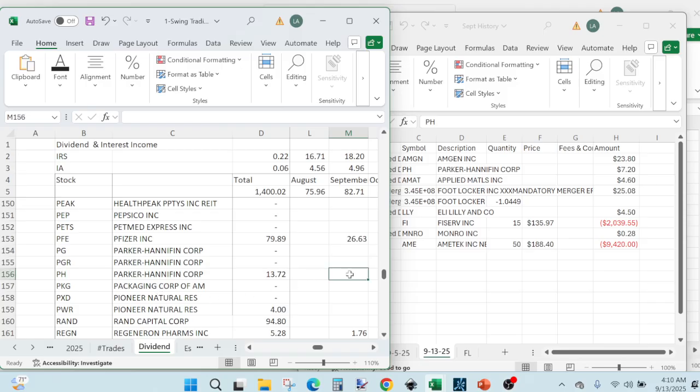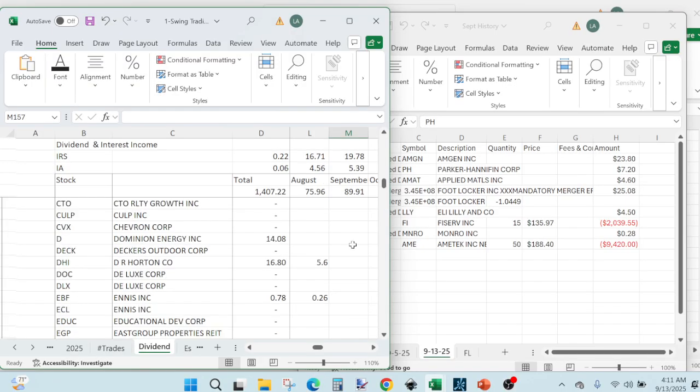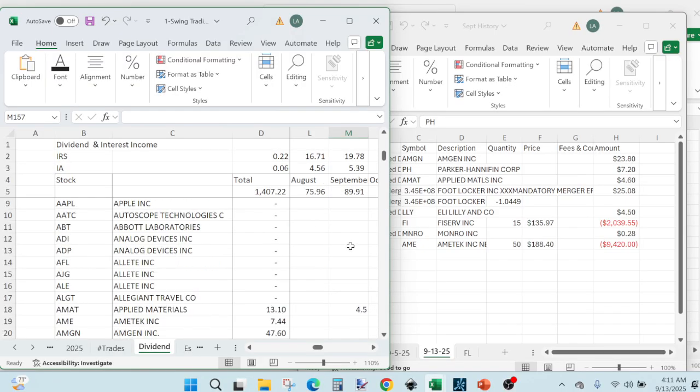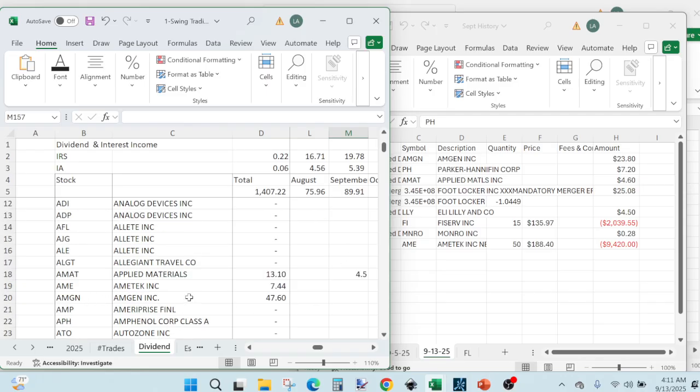So PH, we earned 7.20 there. Excuse me. It's a stock we purchased for swing trading purposes, but while it's there, and the price went down for it, it's paying us some dividend. So AMGN paid us some profit there, and that'll be this one, AMGN, 23.80.